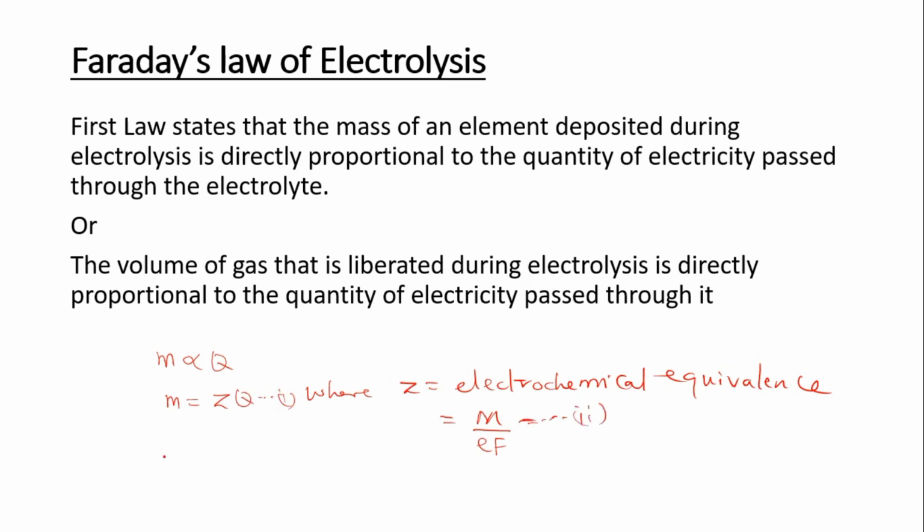Then we can also recall that the quantity of electricity is actually equal to IT. So if this is equation 3, and you substitute equations 2 and 3 into equation 1, we're going to have the mass of an element.